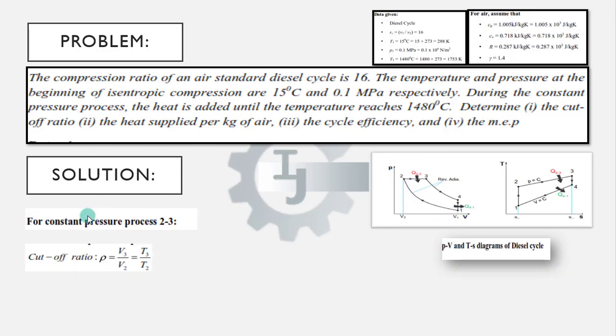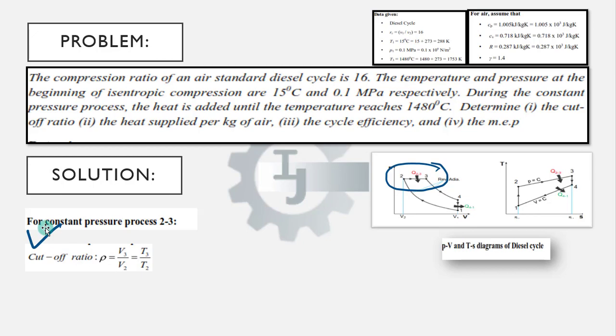Now we have to determine the cut-off ratio. For the constant pressure process, that is process 2 to 3, the cut-off ratio is rho equals V3 by V2 equals T3 by T2.